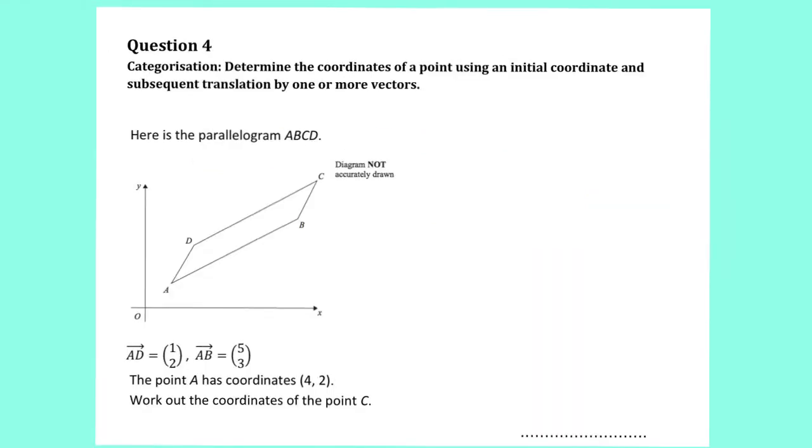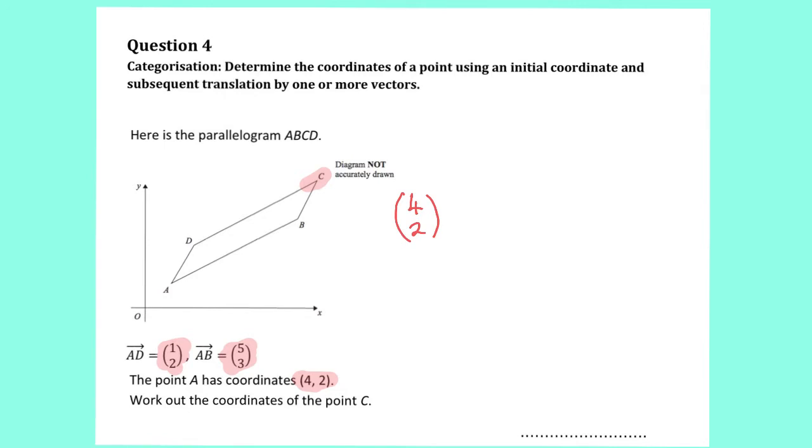In this question, we are told that vector AD is equal to (1, 2). We're told that vector AB is equal to (5, 3). And we're told that point A is the point (4, 2). And we want to work out the coordinates of C. To work out the coordinates of C, we start at point A, which is (4, 2).